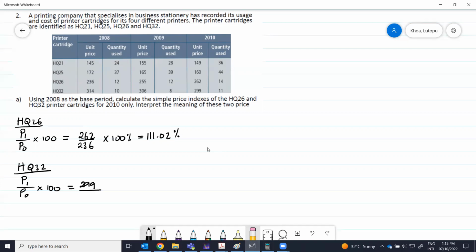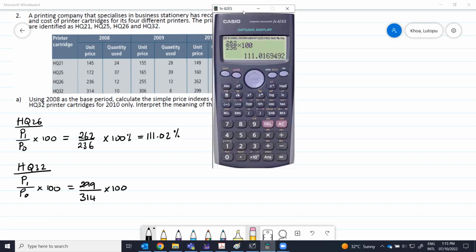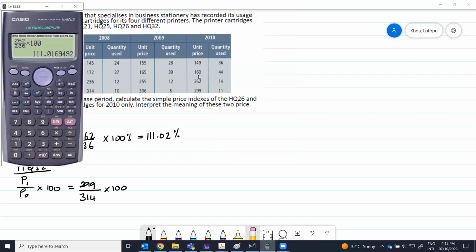Then the price of HQ32 in 2008 was 314, then multiply by 100. So this is 95.22.